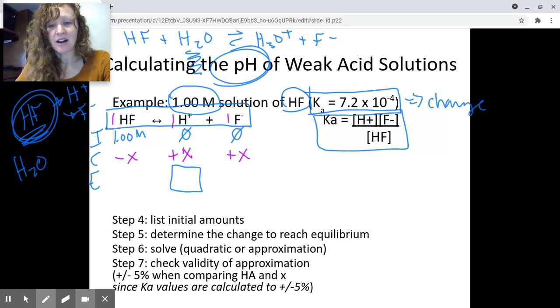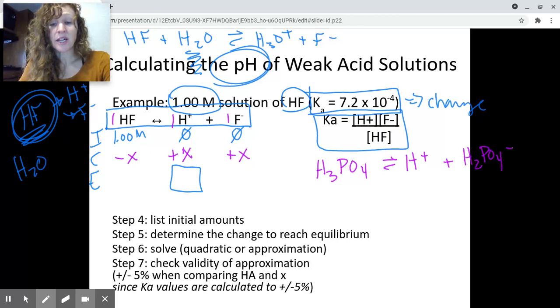So acids are interesting because no matter how many acidic hydrogens are present, they're always going to protonate, or give off a proton, one at a time. Like H3PO4 has 3 acidic hydrogens, but they're not going to be given off all at the same time. They're going to be given off one at a time, and we'll get one conjugate.